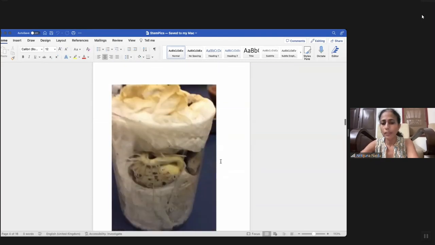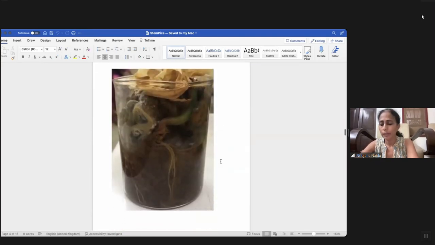Now you show the jar with the seeds. We know that the roots grow downwards. We also know that the stems grow upwards. And no matter in which direction we put it, we saw that this law holds good. Stems always grew up. There is a term for that.